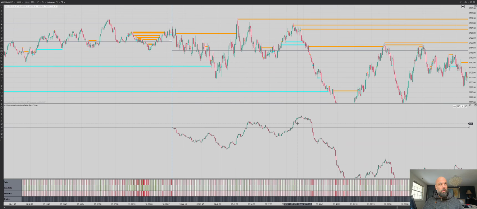But if you really look in a lot more detail, notice this high over here, price high, is all the way down here, right? So the price is all the way up there. It makes a high. And then on the way back down, when we get the lower high, cumulative volume delta makes a higher high. So you have a divergence between CVD and price.